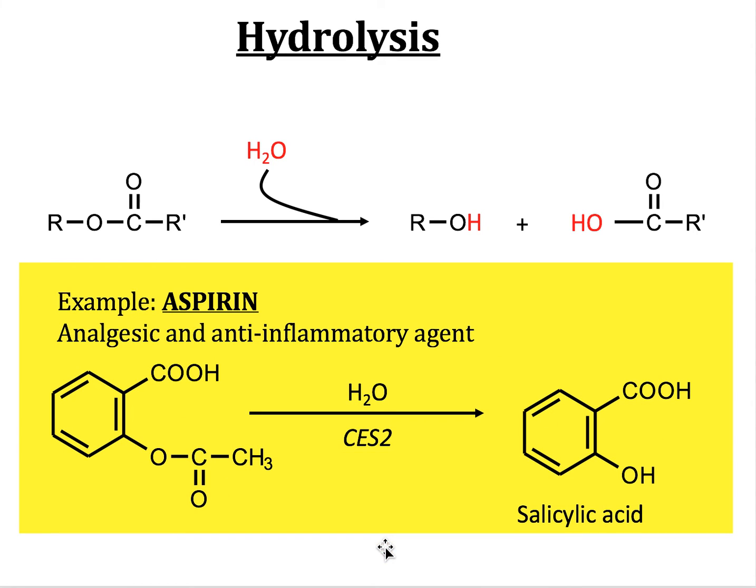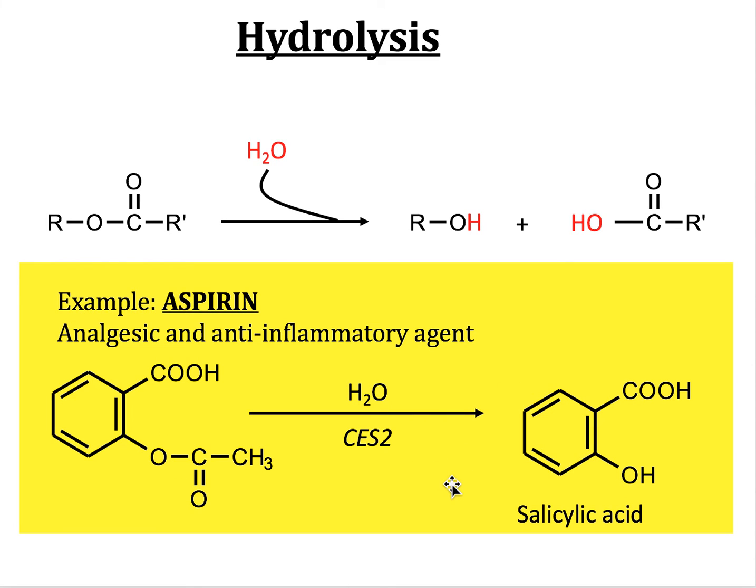Aspirin is also an analgesic, or you might have taken aspirin as an NSAID, an anti-inflammatory agent for pain relief. It's usually catalyzed by the enzyme carboxylesterase 2. So again, we look for the functional group first. Here in this case, here's the functional group, the ester. So we break it there, and we end up getting salicylic acid.